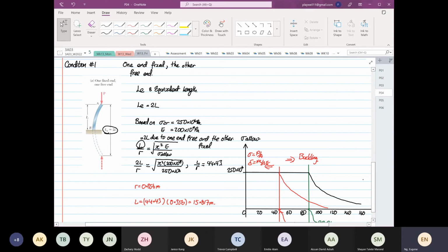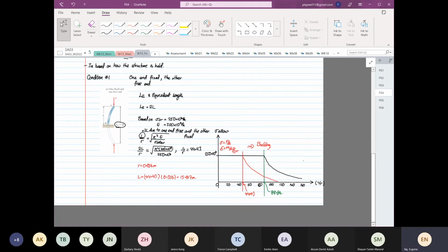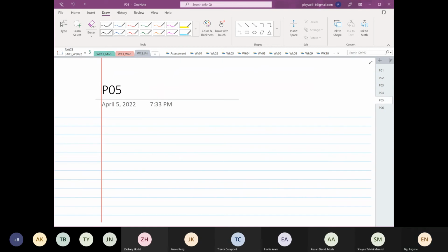Okay. Now let's look at another condition. Let's look at condition number 2.